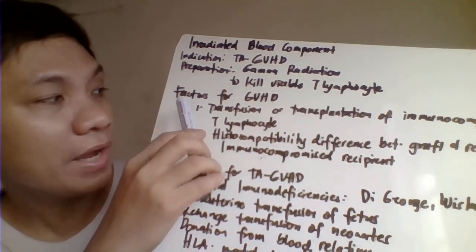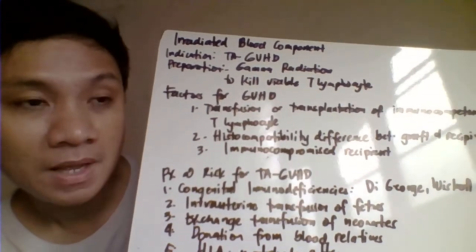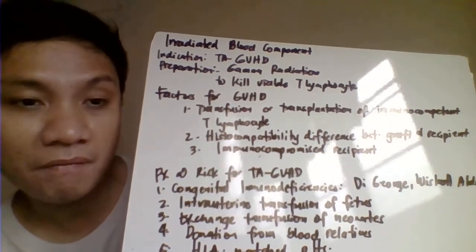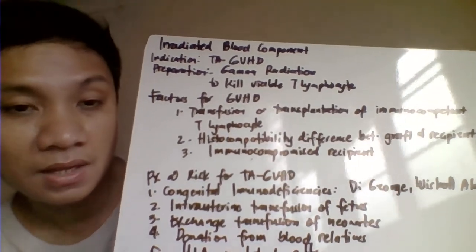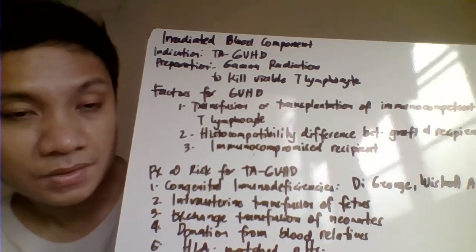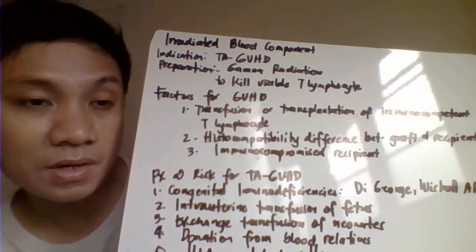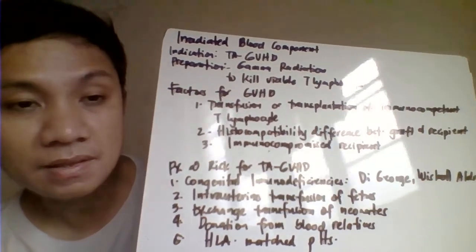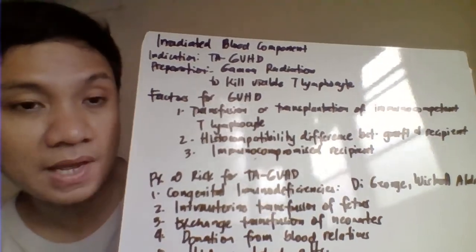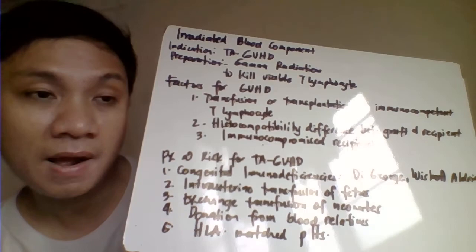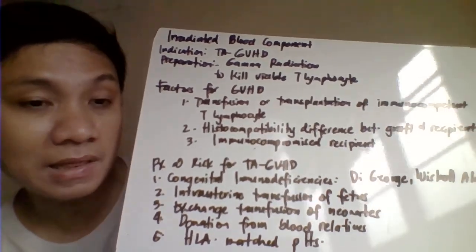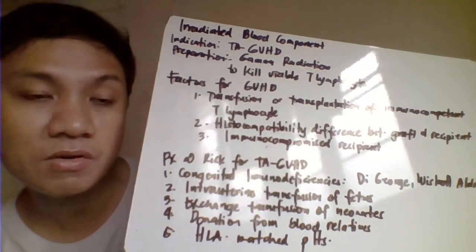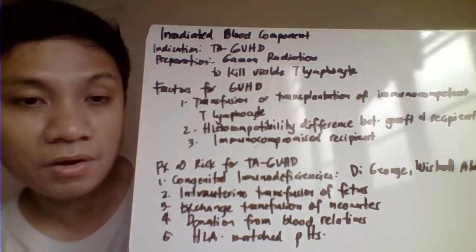Okay, so we have here the factors for graft versus host disease. Primarily, irradiated blood is for the prevention of transfusion-associated graft versus host disease. There are several factors why you develop graft versus host disease. Number one, the presence of immunocompetent T lymphocytes in your unit of blood or even in your transplanted tissue. Second, the HLA difference between your recipient and the donor also affects it.